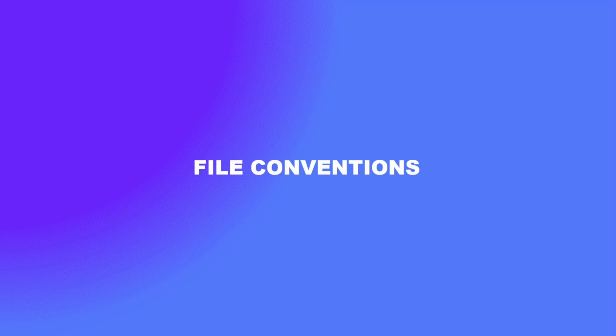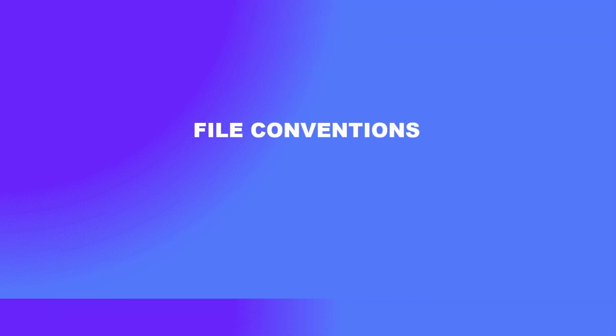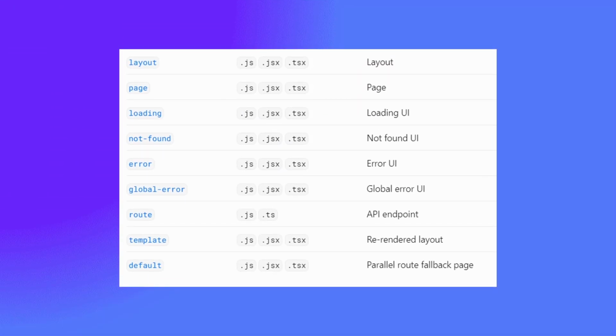In this video, I'm gonna explain about file conventions of app router. We have layout, pages, loading, not found, error, global error, route, template, default.